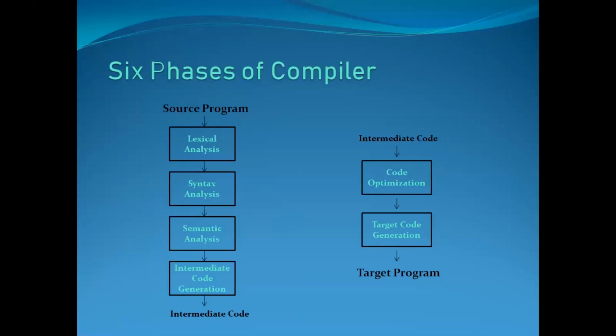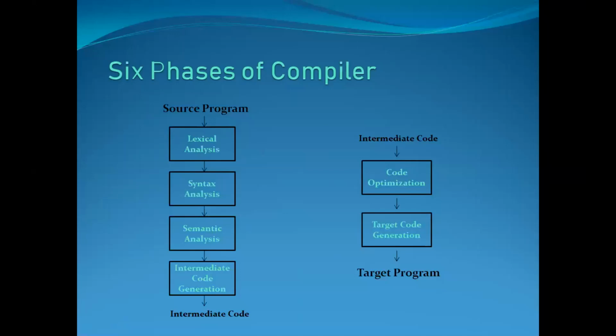So let's see the inside picture of compilation. We can say that the compilation process depends upon 6 phases. First of all, your source program is lexically analyzed. Lexically analyzing means your program is scanned character by character, starting from the first line of instruction.